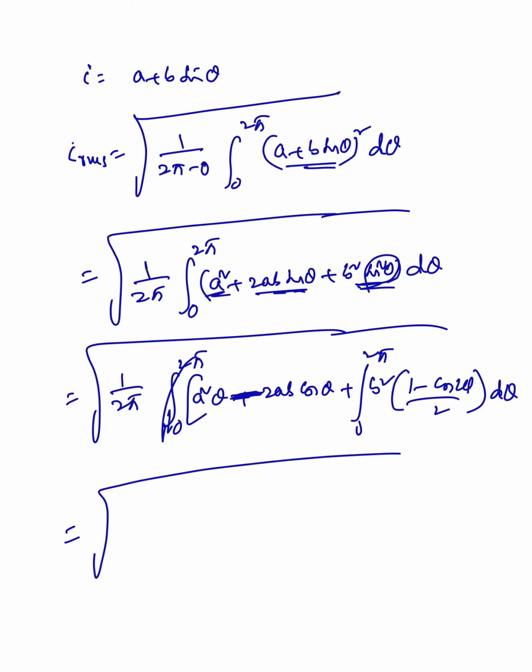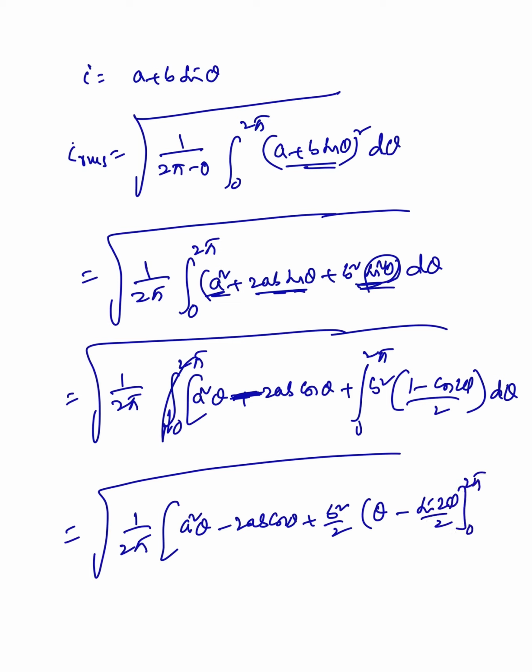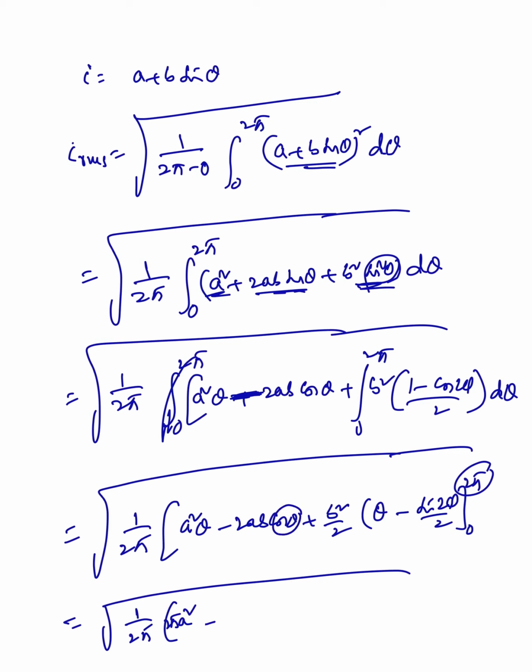This becomes square root of 1 by 2 pi: a square theta minus 2ab cos theta, plus b square by 2 times (theta minus sin 2 theta by 2), from 0 to 2 pi. Now the integral 1 by 2 pi: a square 2 pi, I am substituting this value, minus, cos 2 pi becomes 0.